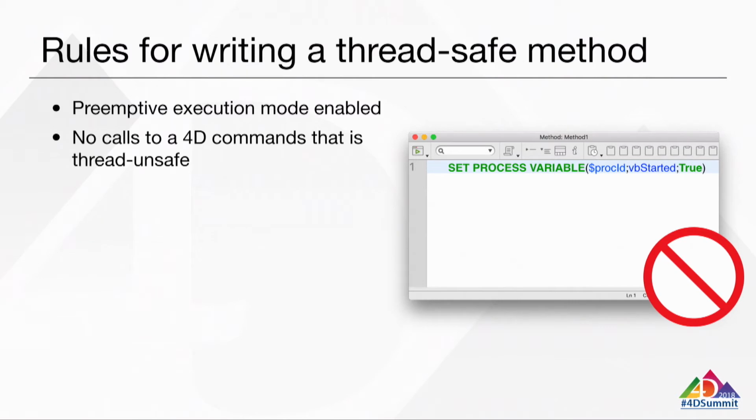The commands such as set process variable or variable to variable are also considered thread unsafe, so avoid doing that. Again, with shared objects, you have an option to migrate your code away from it. Similar to before, anything that's opening a form or windows is not allowed. They're considered thread unsafe.